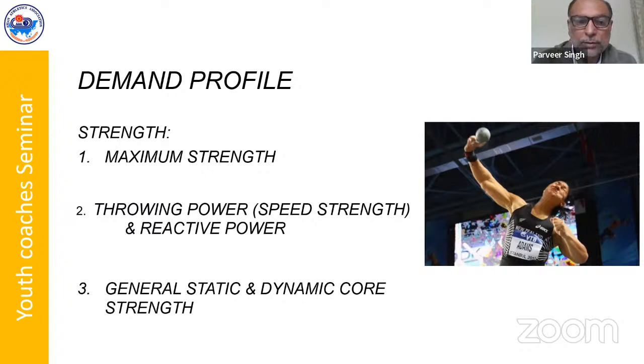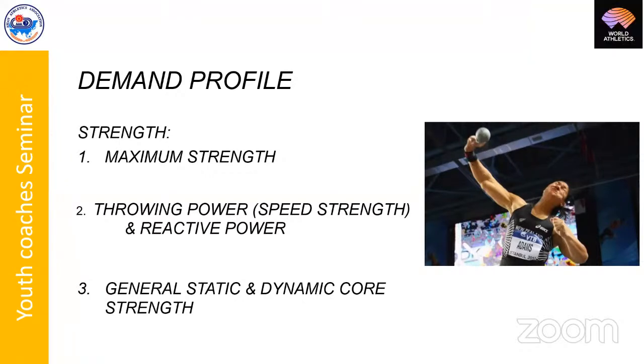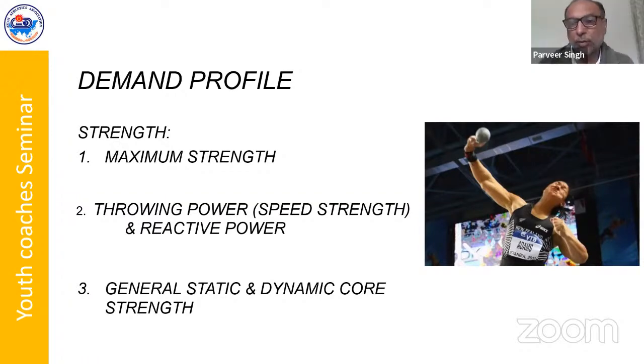The output of these three factors depends upon the physical abilities of the athlete. So first of all, when we see the throws, what is the performance structure of a throwing event, or what are the factors upon which this performance depends?